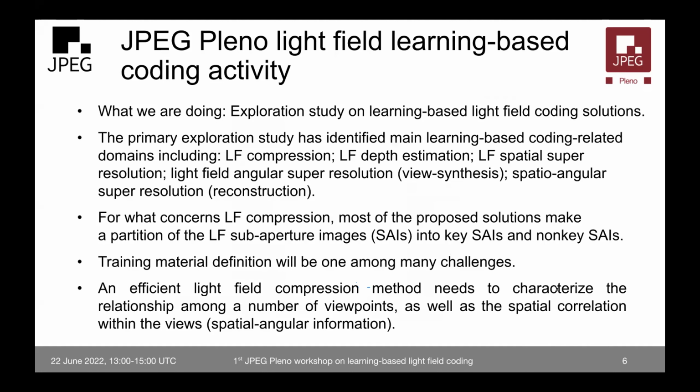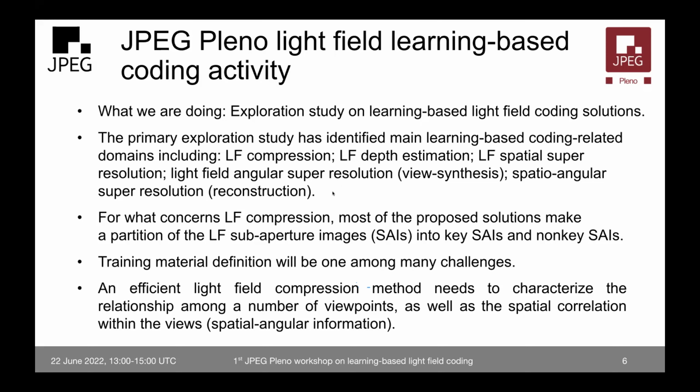We started this learning-based light field coding activity. We started an exploration study on learning-based light field coding solutions, and we identified the main learning-based coding related domains, including light field compression, light field depth estimation, light field spatial super resolution, light field angular super resolution, mainly view synthesis, and spatial angular super resolution reconstruction.